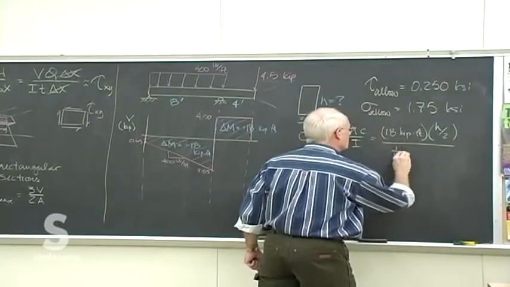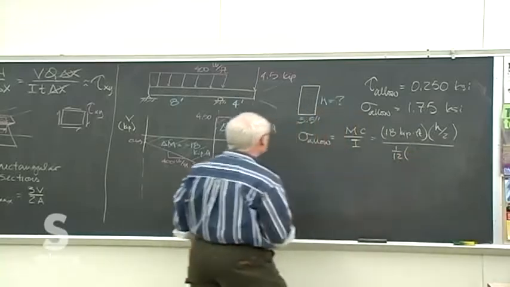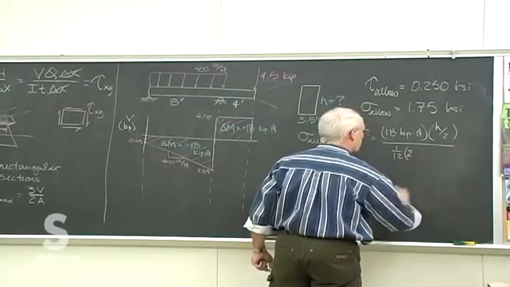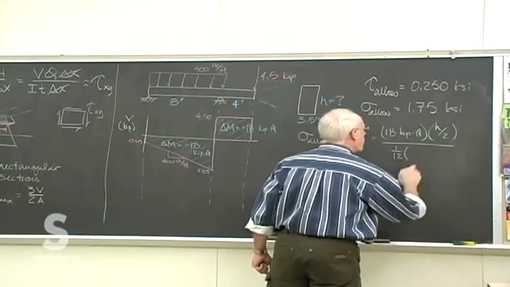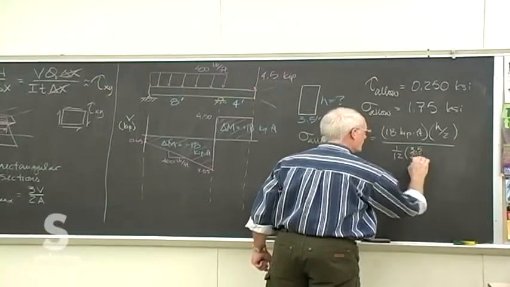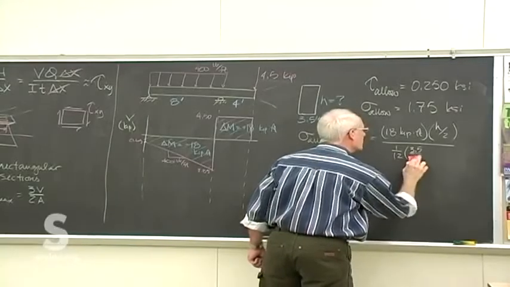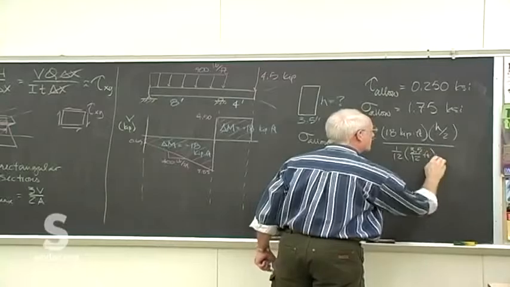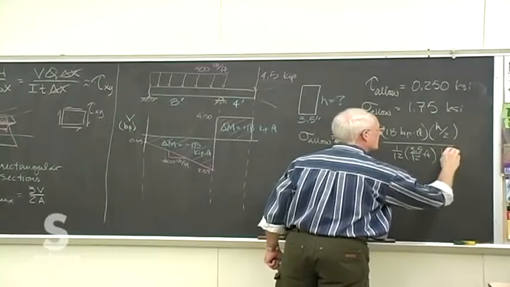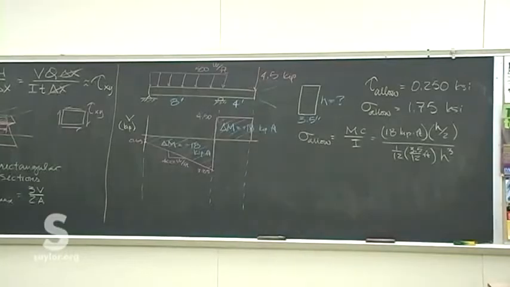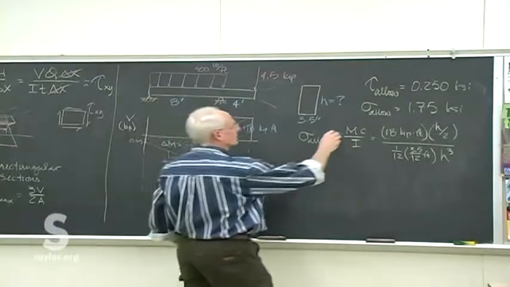And the moment of inertia is 1/12 b, which is 3.5 over 12 feet, and then times h cubed, which we don't know what it is, but we do have a value for this.